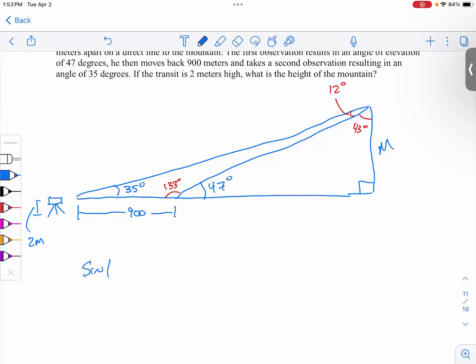So I have sine of 12 degrees divided by 900 equals, okay, is there one that's going to work? Actually, I want to use that one because that's more helpful to me, because eventually I need to get to this. I could do that one, but I really need that side more than the other side. So sine of 35 degrees all over, let's start labeling, let's call this one y, all over y. And then we can solve that down.